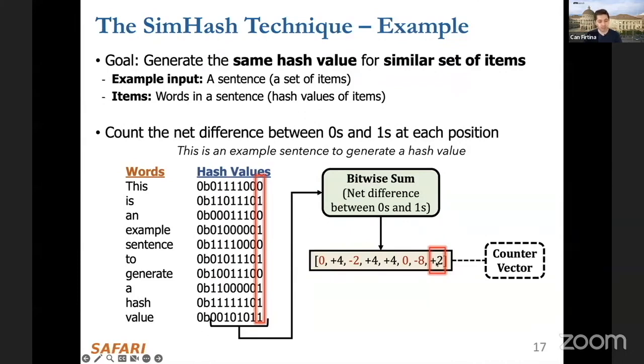And here we're seeing a +2 value. By just looking at it, I can tell that there are more ones than zeros, because the sign is positive. This is the encoding in the counter vector. If it is positive, then there are more ones than zeros.